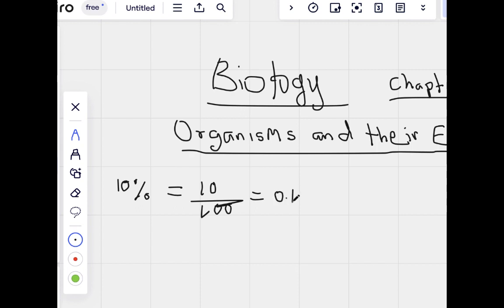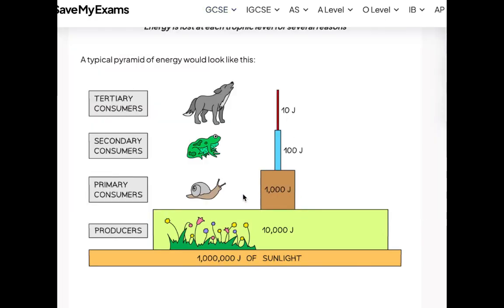So to get the energy that is available to the snail from these 10,000 joules, we have to multiply by 0.1.